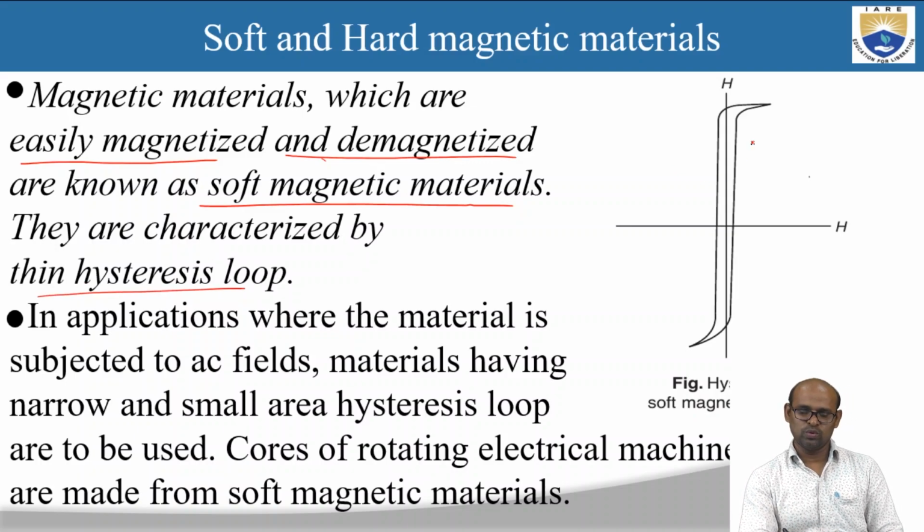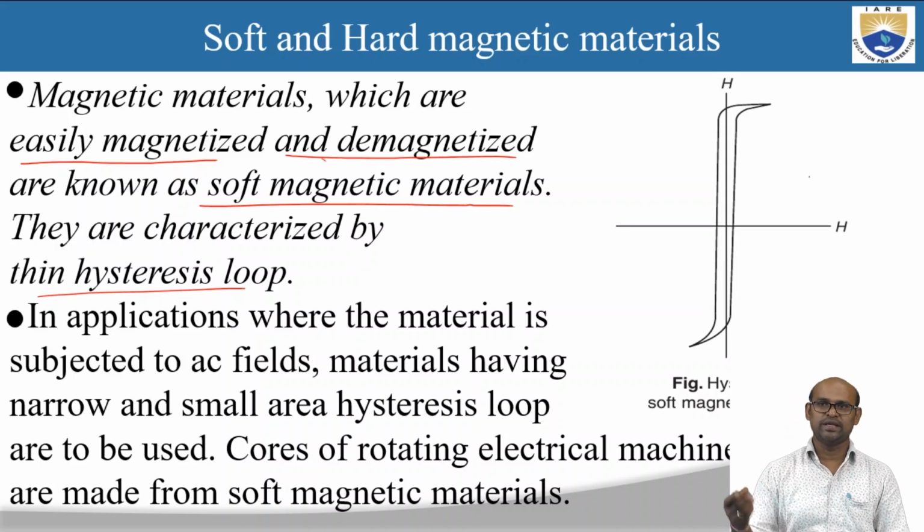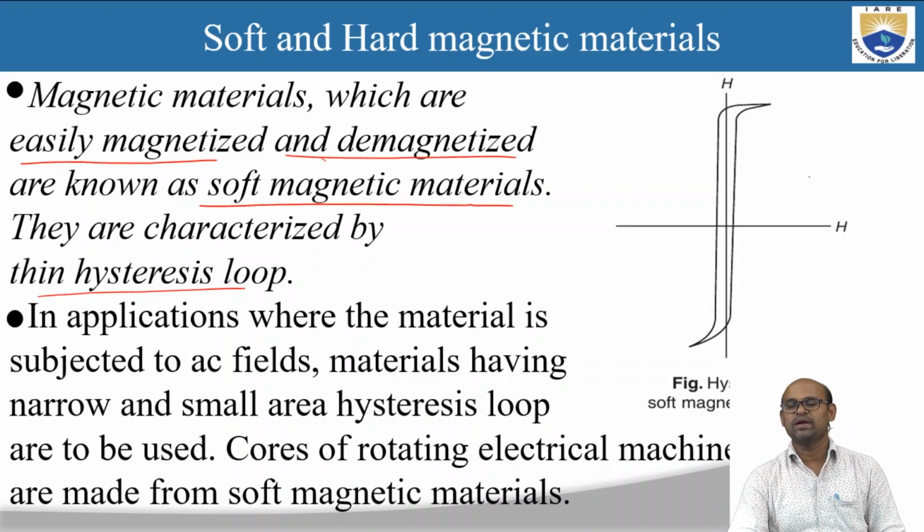If you have this kind of very thin hysteresis loop, these materials are called soft magnetic materials because they get magnetized easily and also get demagnetized easily.